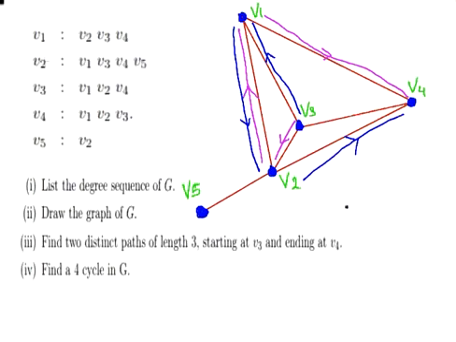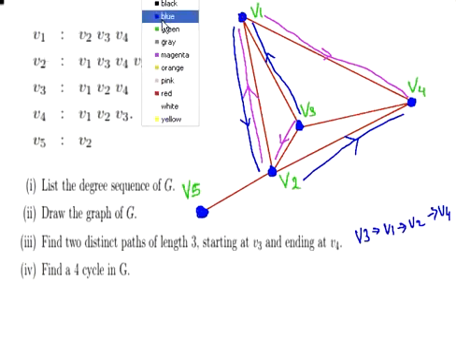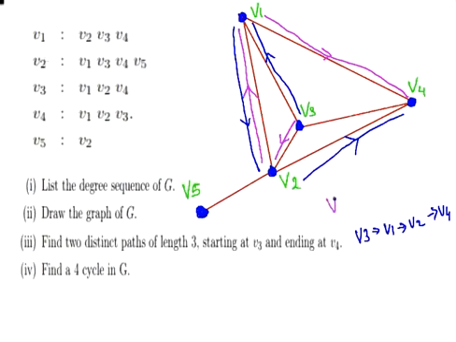In the second case, we have V3 to V1 to V2 to V4. The first case was V3 to V2 to V1 to V4. Okay, so that's two distinct paths of length 3, starting at V3 and ending at V4.